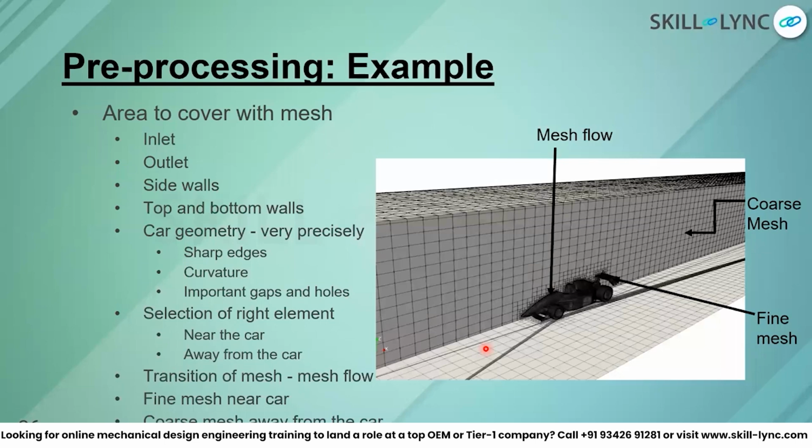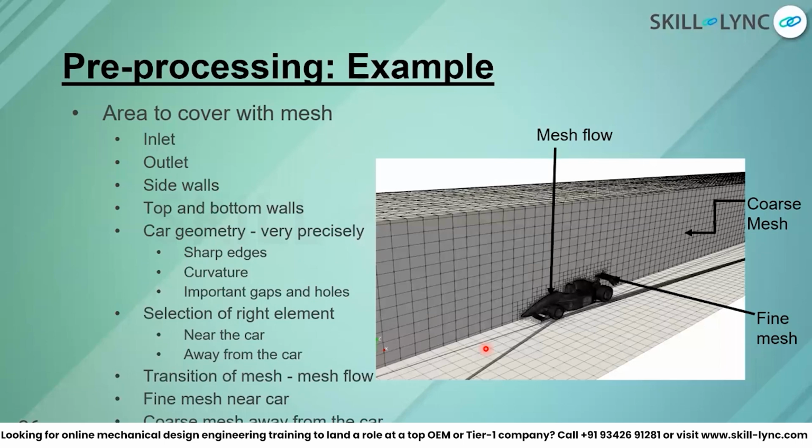There are some holes and gaps which are very important to the simulation, so you need to retain them. Are you capturing those holes and gaps properly? There is some sharp edge; maybe that is a critical feature of your geometry, so you have to capture those things properly. That comes under meshing.